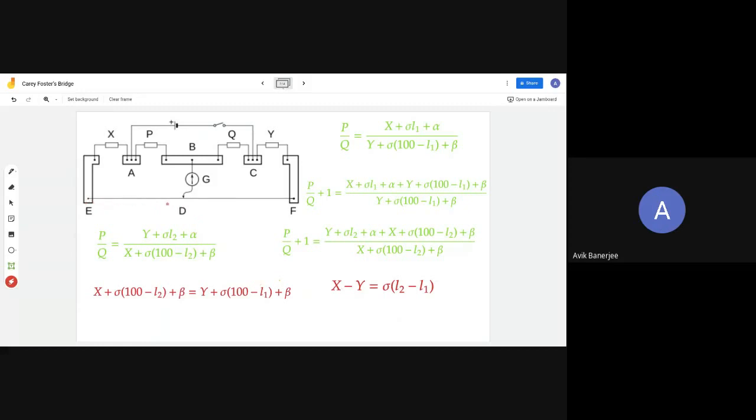Say the length is L2 then. When the length ED is equal to L2, then there is no current to that galvanometer. So for that configuration, in that case, this is Y and this is X.